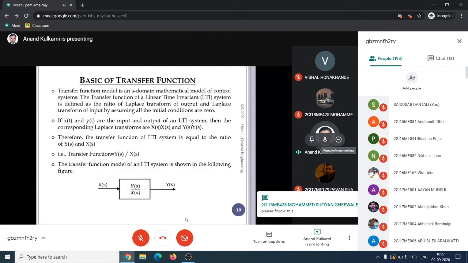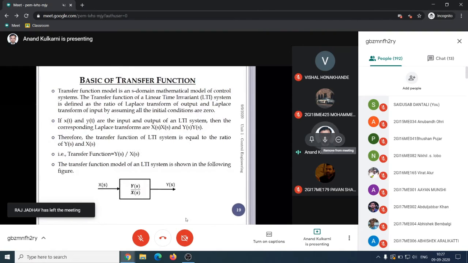The transfer function is a model, in the domain of mathematical models of control systems. As per the definition, the transfer function of a linear time invariant system is defined as the ratio of the Laplace transform of the output to the Laplace transform of the input, assuming all initial conditions are 0. So why do you want a transfer function?